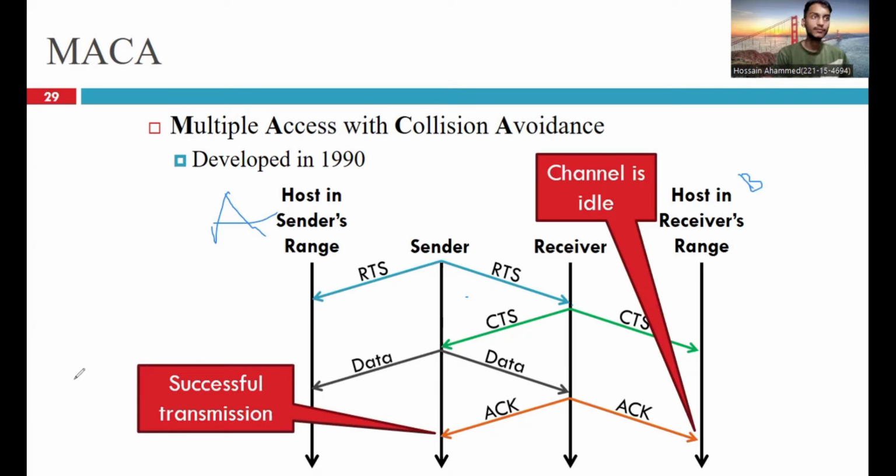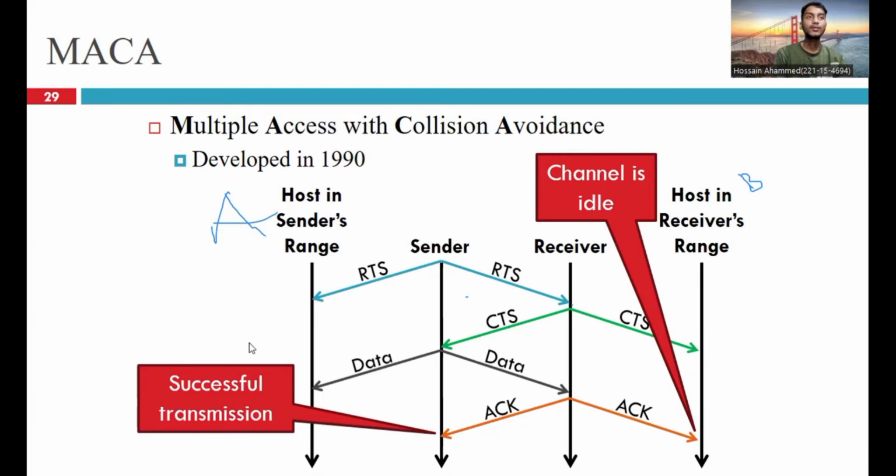Sorry for the delay. Now we see a visual representation of MACA, multiple access with collision avoidance. It was developed in 1990. Now let's see how it works.